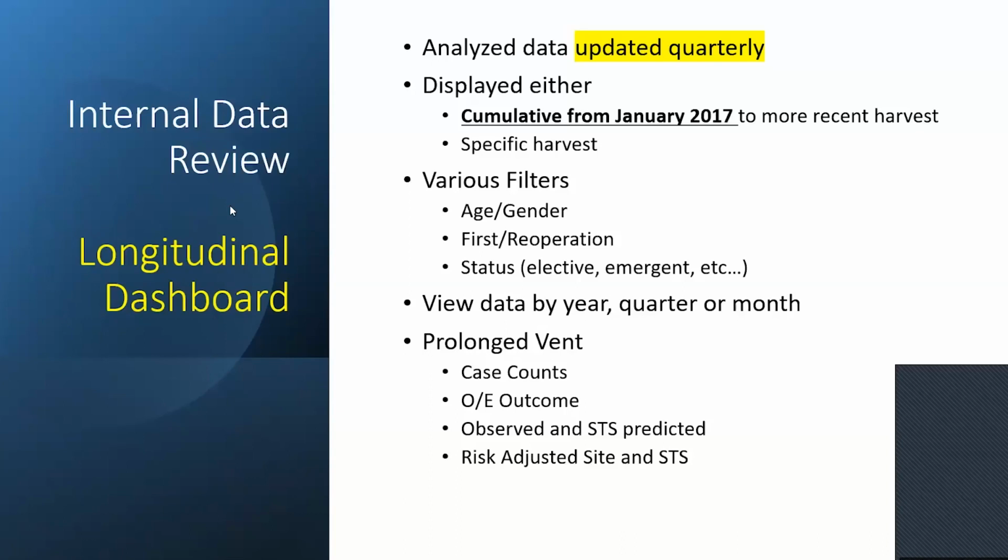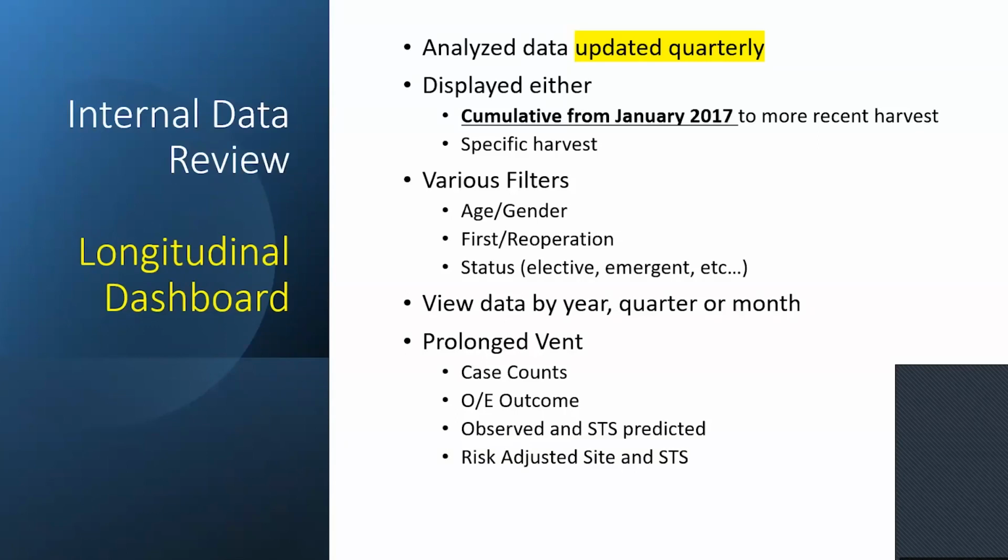So the longitudinal dashboard is another option on the reporting platform. It's updated quarterly with each harvest. You can display this cumulatively starting from January 2017. That is the oldest data we have available in the warehouse to present. We have all of the historical data in the IQVIA warehouse.